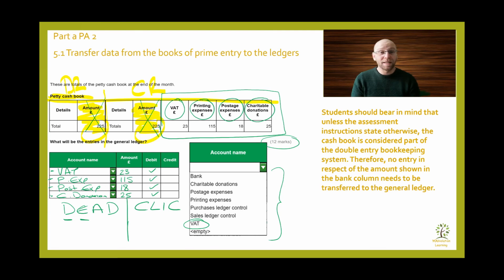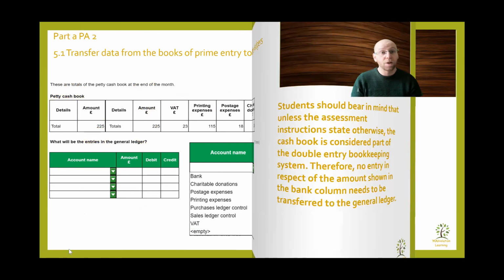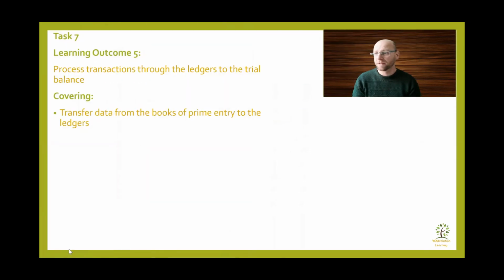And if you're struggling to think, oh, where would VAT go, or where would charitable donations go, don't worry too much about those, because you've got 2 others that tell you printing expenses and postage expenses. Then using what we talked about in terms of DEAD CLIC and understanding we're creating a new expense, that can give you those extra 2 marks. That'll give you 10 marks. That puts you in at least the MEAT bracket for this task.